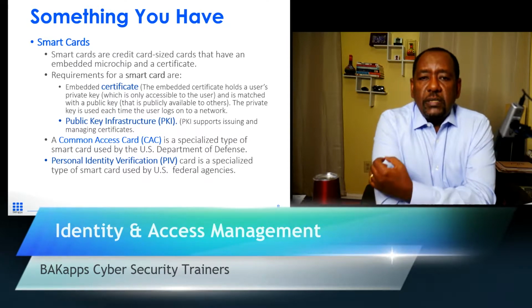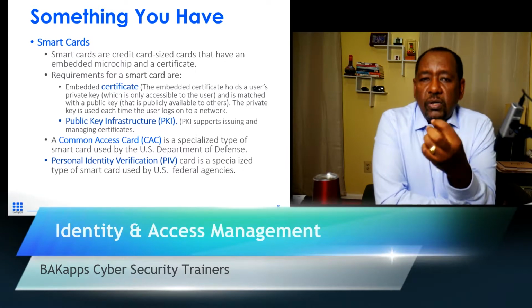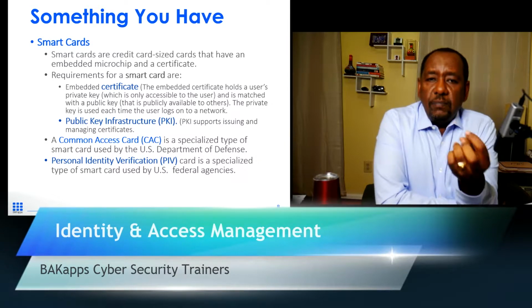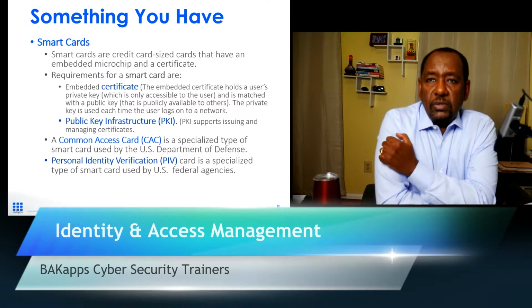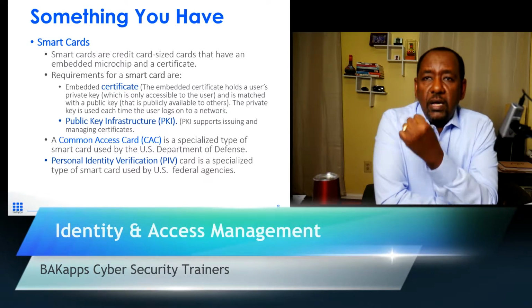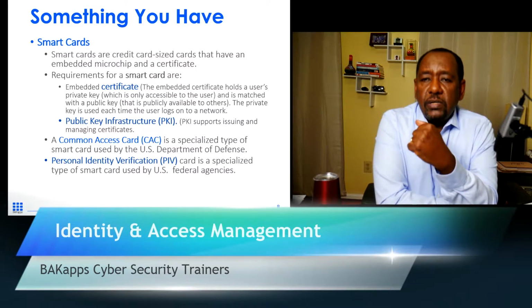There are two requirements. One is there must be an embedded certificate. The certificate usually holds a user's private key, which is only accessible to the user, and it has to match the public key that is publicly available to others.